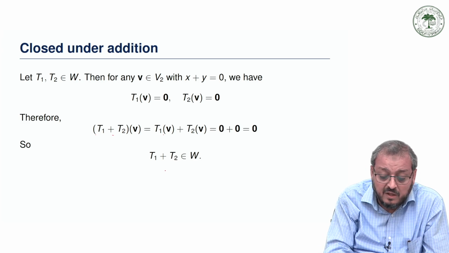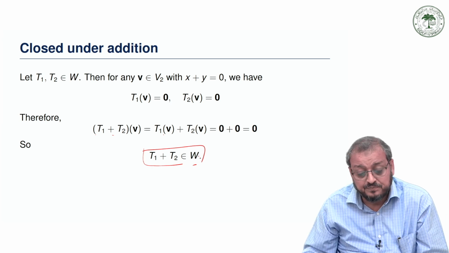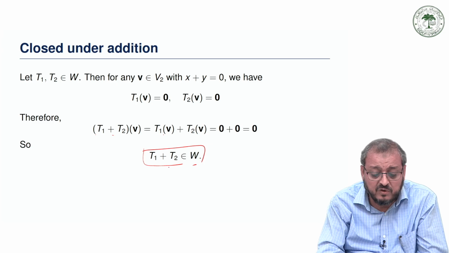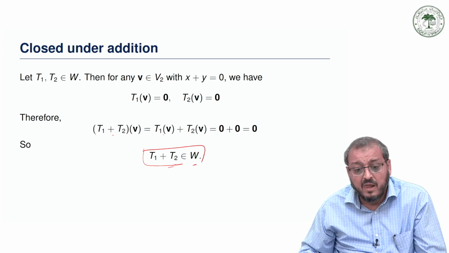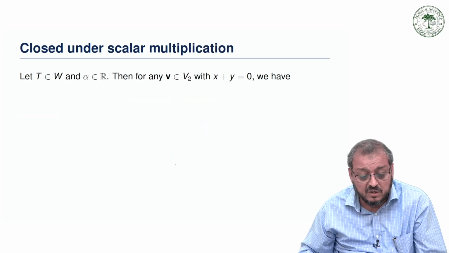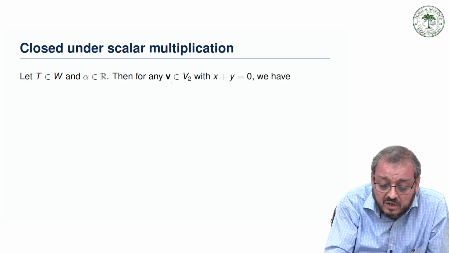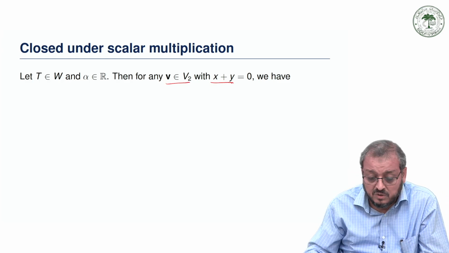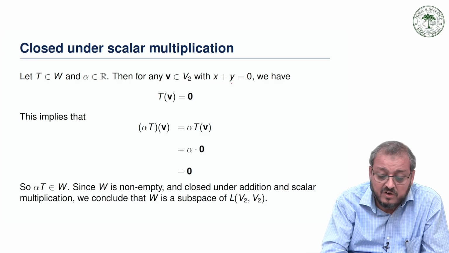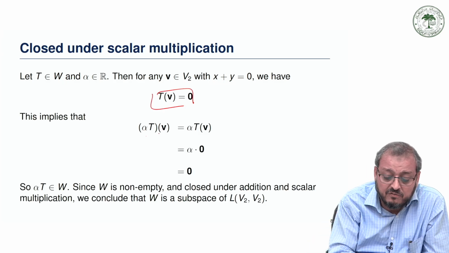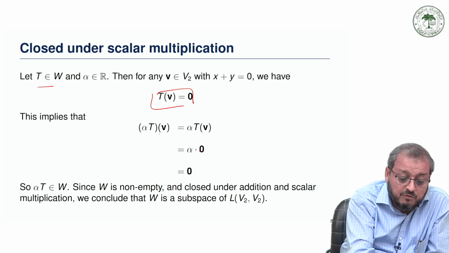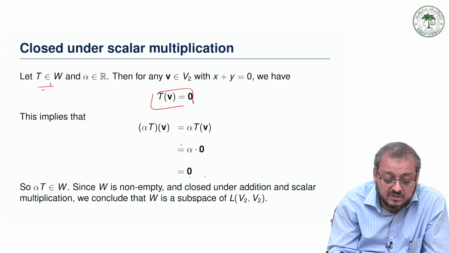Then clearly T of V1 plus V2 is an element of W. So V1 plus V2 is an element of W, and then we can also say that for V an element of V2 with x plus y equal to 0, we have T of V is equal to 0 and T of alpha V is equal to alpha T of V, which is 0, because T of V is an element of W.